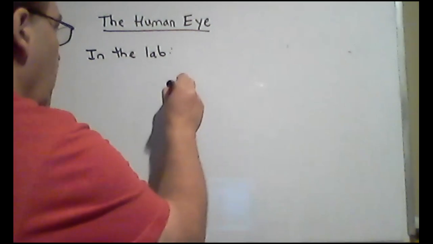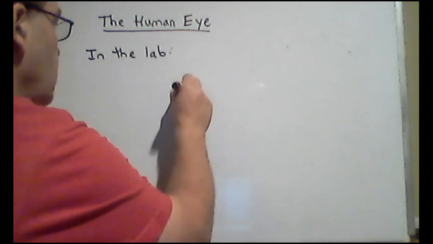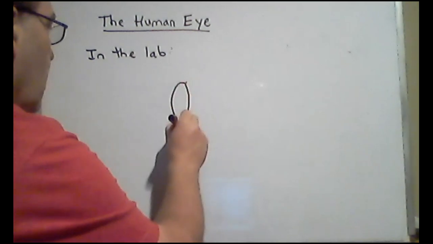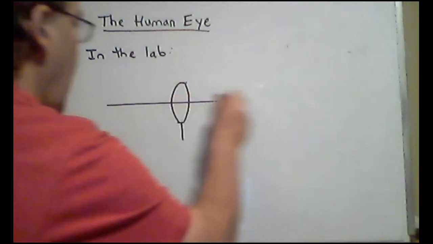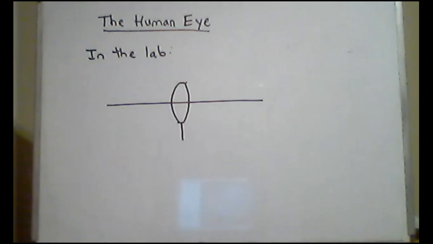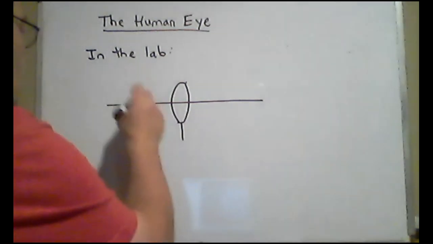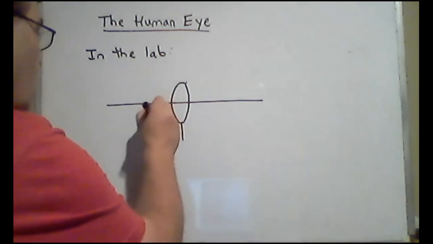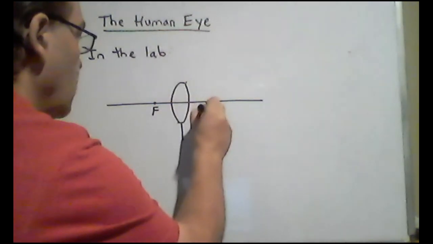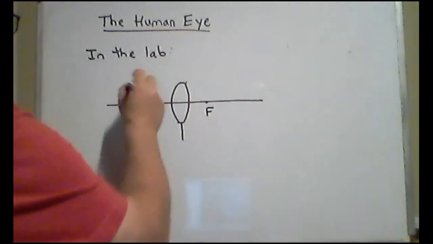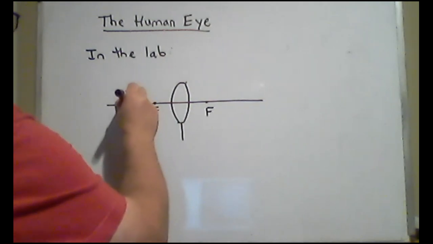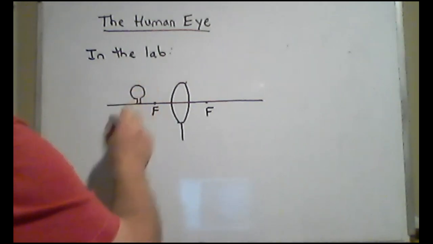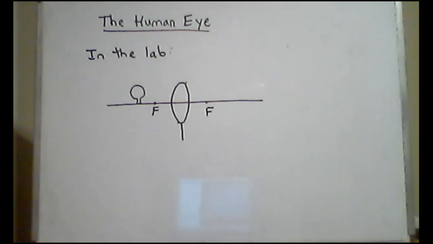You might have a lens, some sort of a stand, and here's an axis. Then you might say to yourself, well, there's a focal point on either side of the lens, and I'm going to put some sort of an object, maybe a light bulb, and I want to try to figure out where the image goes.